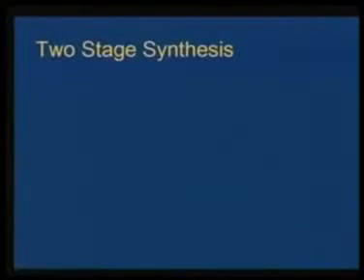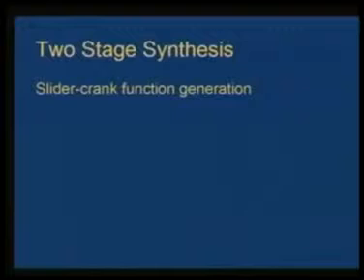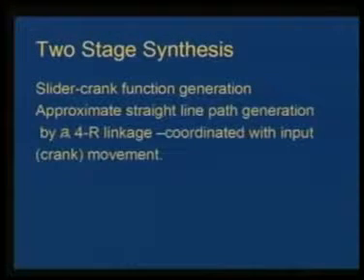Using these three problems and a two-stage synthesis technique, we could have designed first a slider crank function generator and then use that design to generate an approximate straight line path generation of a 4R linkage coupler curve, which could be coordinated with the input, that is the crank movement.